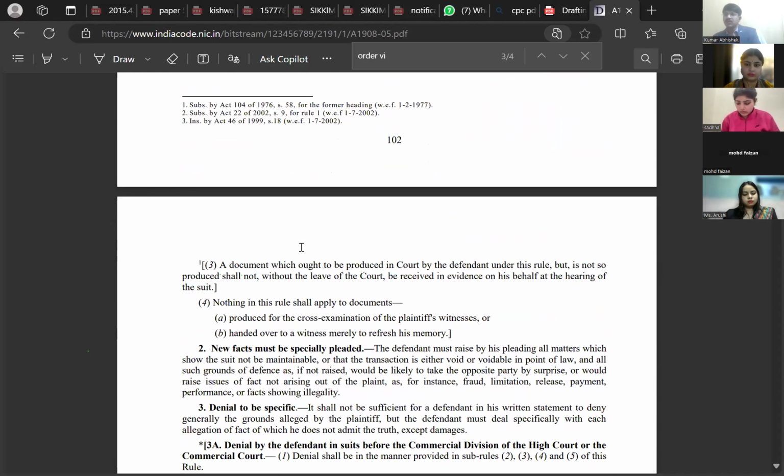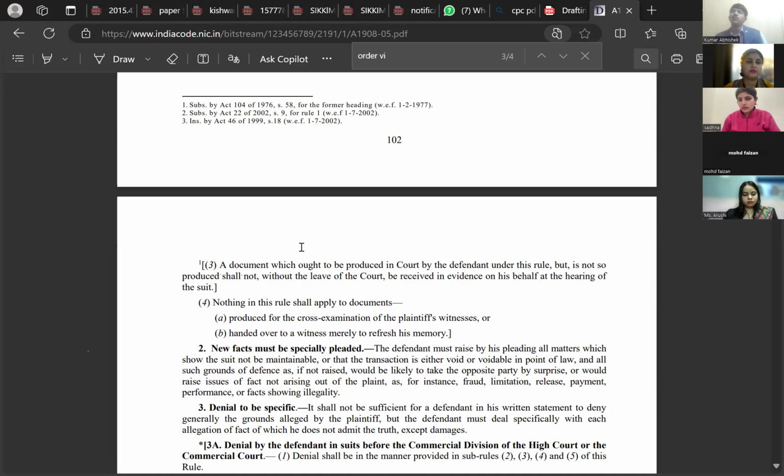Whenever you are interning or going to courts, whenever your senior or you yourself would be drafting a written statement, or in the higher courts a counter affidavit, you have to answer everything that has been given in the plaint, or for that matter in the writ petition, the special leave petition or the appeal memo. You have to reply to everything, and wherever you deny something, you have to deny it specifically.